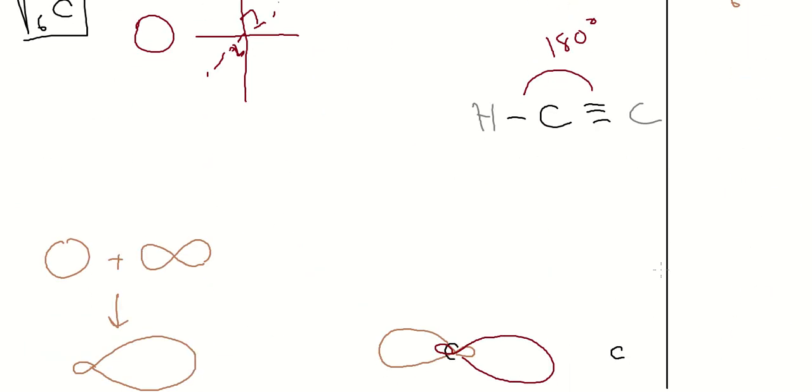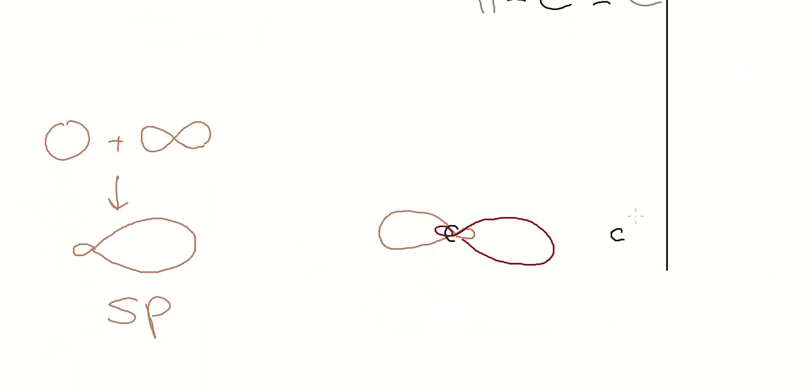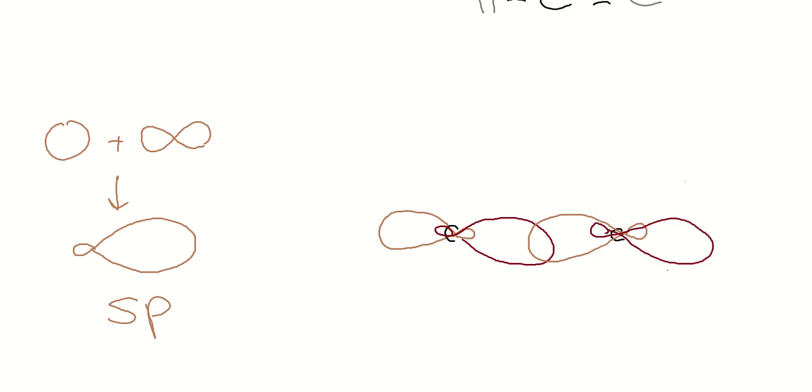So there's one of the sp's, and here's the other sp hybrid orbitals. So each of the carbons has two of these sp orbitals, and because they're identical, we can put them 180 degrees from each other. So what kind of bond did I just illustrate?